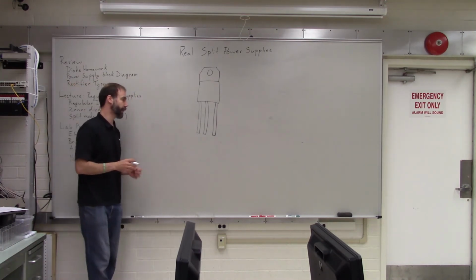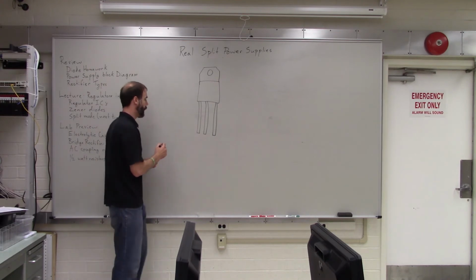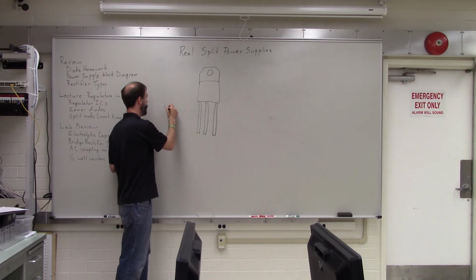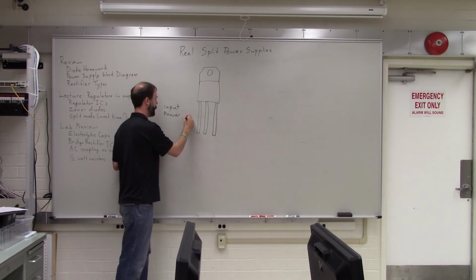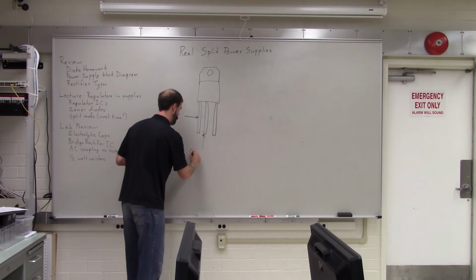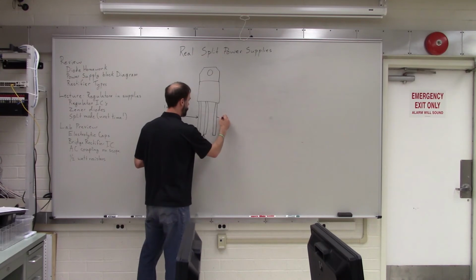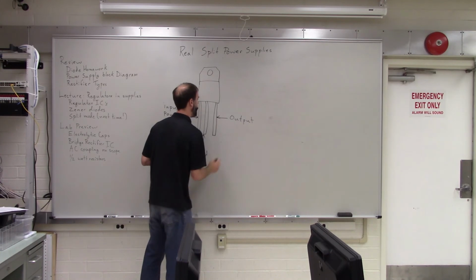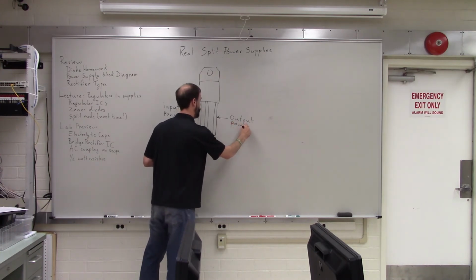So the order of the legs can be different on different ICs, but in general, you have input power on one of the legs, then you have ground, and then output power.